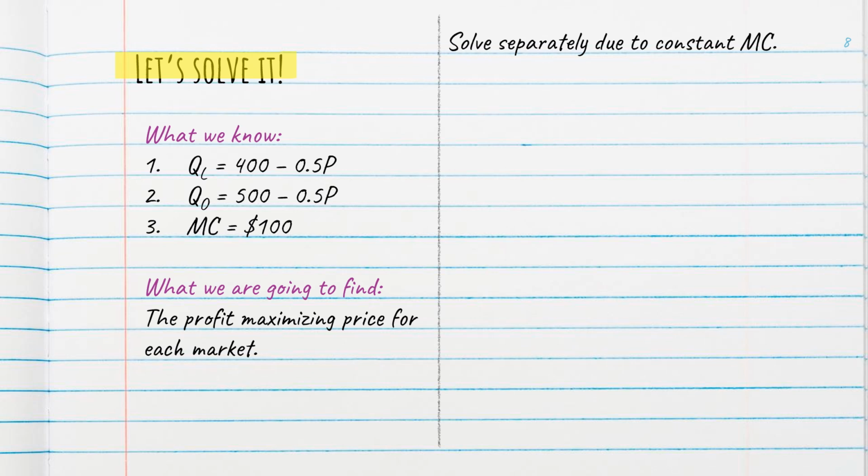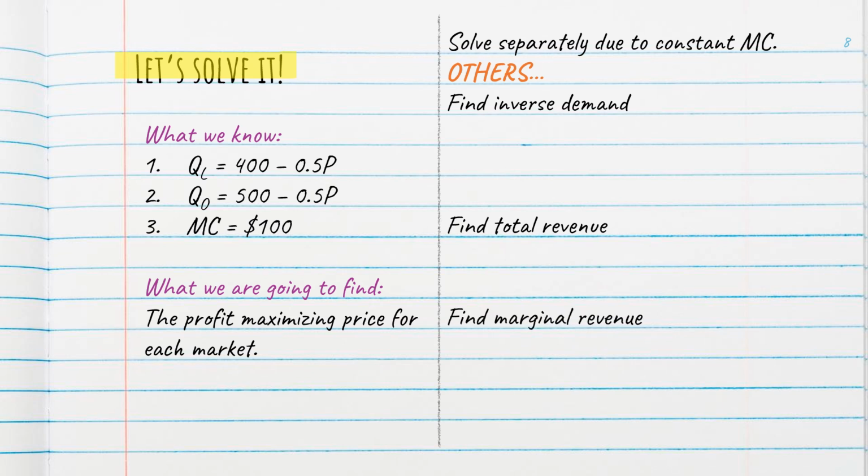We are going to repeat this process for others. We're going to find the inverse demand, the total revenue, and then the marginal revenue in the other market, the non-local market. Inverse demand is just a matter of rearranging our demand function. So we have 0.5p is equal to 500 minus q.